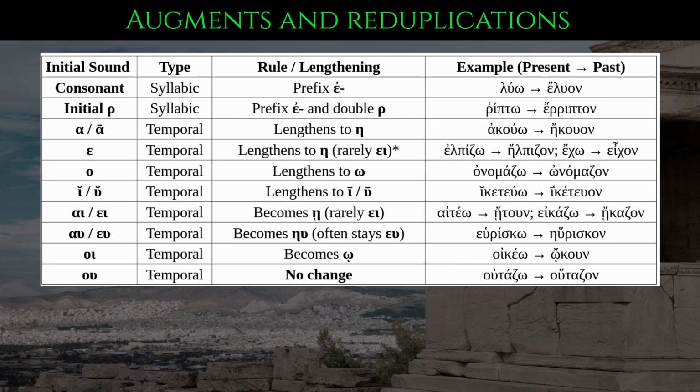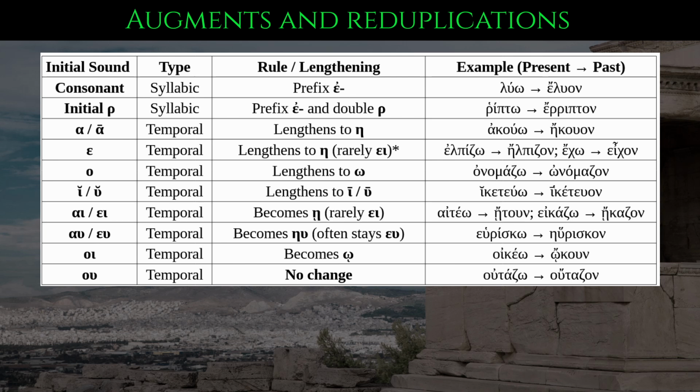Next, we have the alpha as well as the alpha longa, a long alpha version. Both of those lengthen to eta. For example, akuo becomes ekuon. Then epsilon. This also lengthens to eta, in very rare cases even to eta iota, which might be an e sound.